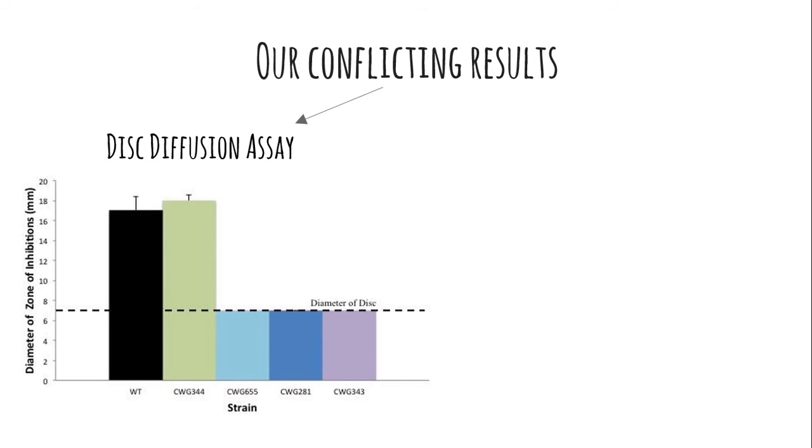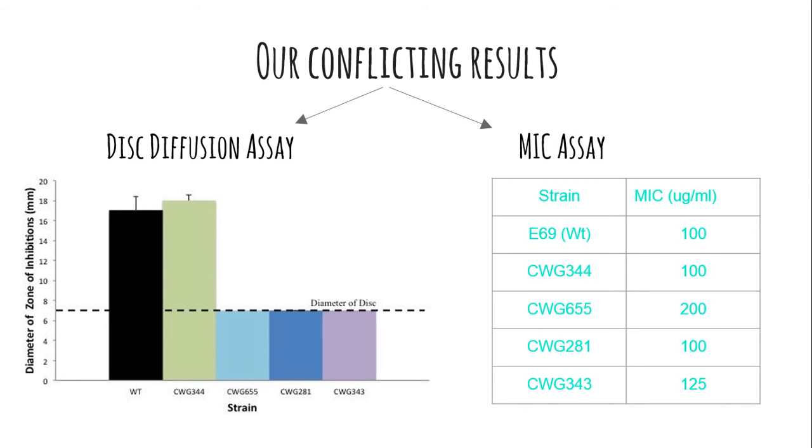We expected our MIC data to support the data that we generated from our disk diffusion. However, as seen from the table on the right, not all strains agree with the MIC data. For example, CWG281 shows resistance in the disk diffusion, but is sensitive in the MIC, with an MIC value of 100 micrograms per mL, which is the same as a wild-type E69.